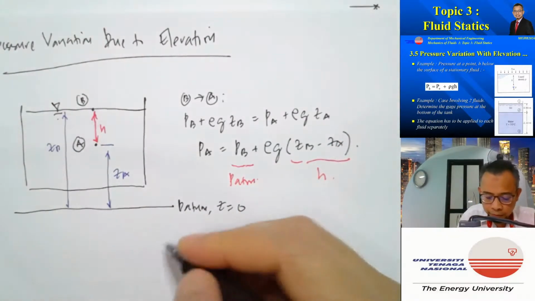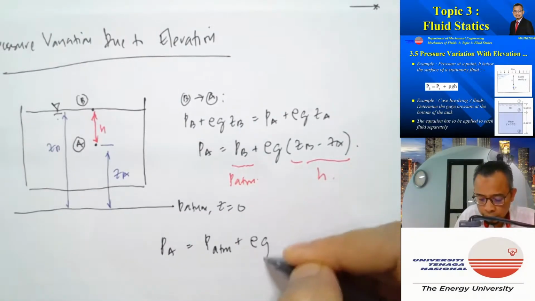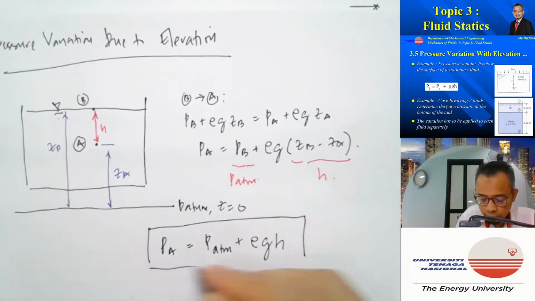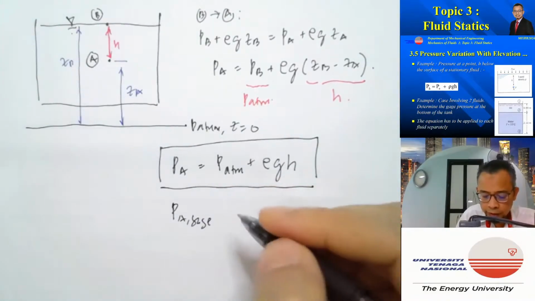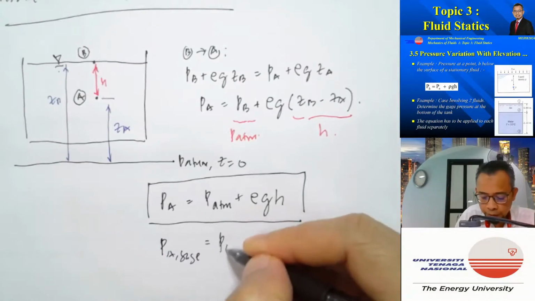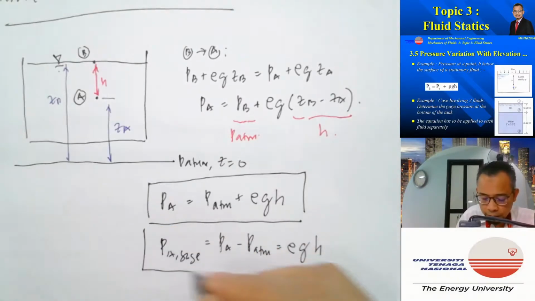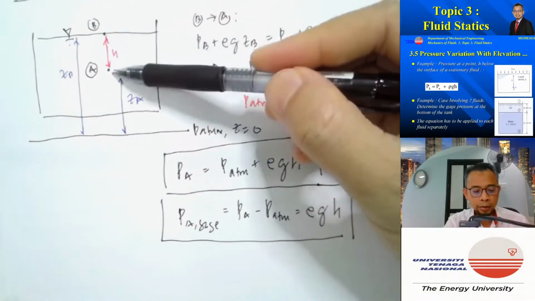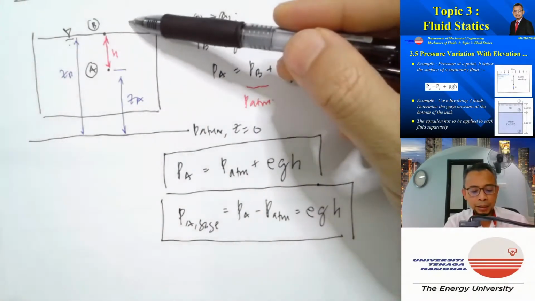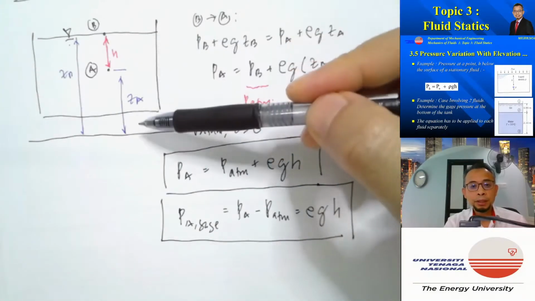So I can obtain PA is equal to Patm plus rho g H, or PA gauge, which is equal to PA minus Patm, is equal to rho g H. So now we can see that the pressure at a point H below the water surface is equal to Patm plus rho g H, or the gauge pressure is equal to rho g H.